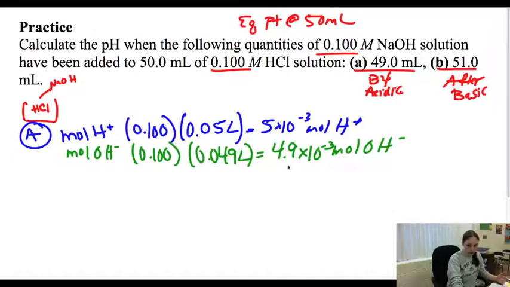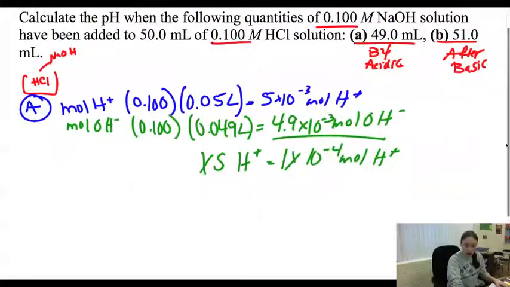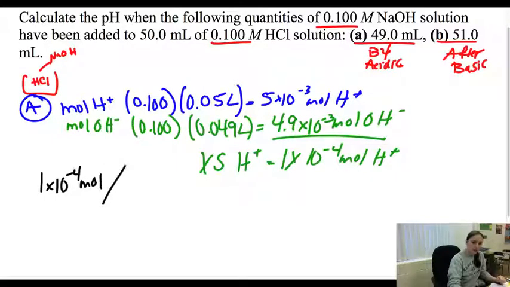So how much extra do I have? All you do is subtract to see how much excess (XS) H plus I have. When I subtract those two, I get 1 times 10 to the negative fourth moles of H plus. I need a molarity so I can figure out a pH, because it's my H plus concentration, not the moles. So I take my 1 times 10 to the negative fourth moles divided by the whole liters.